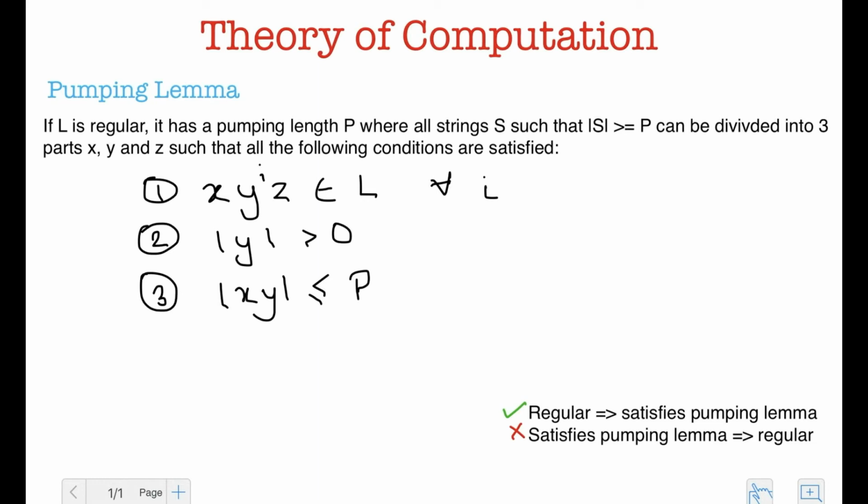So we're not very worried about finite languages because we know that those are obviously regular. By infinite languages, I mean languages with an infinite number of strings.